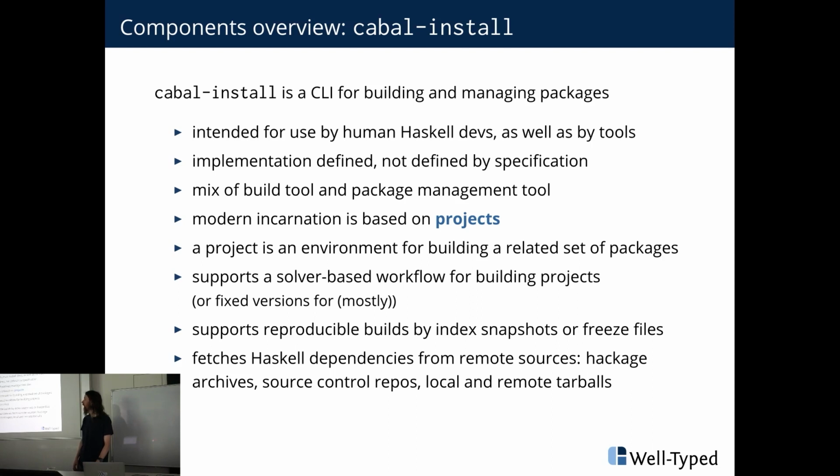Cabal install particularly pushes you towards a solver-based workflow for building projects, but you can also freeze things and update manually if you like. It supports mostly reproducible builds, not as much as Nix, but much better than it used to be. And it fetches Haskell dependencies from Hackage, the public one or other Hackage archives, source control, Git repos, and local and remote tarballs.